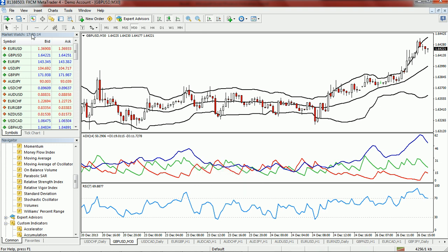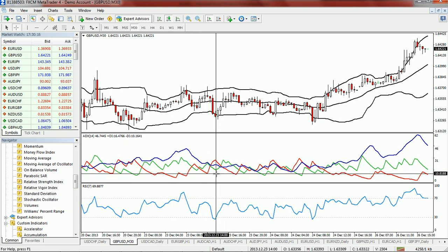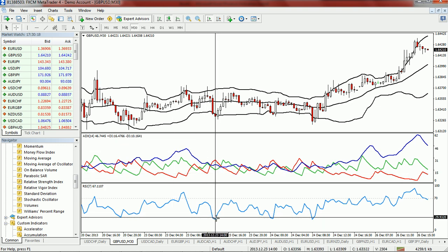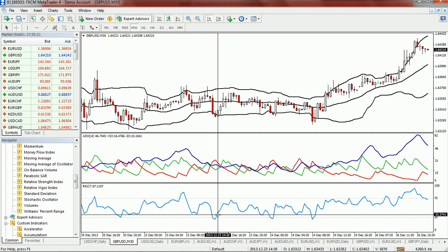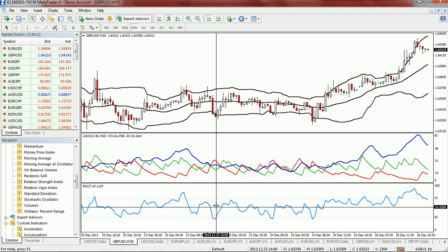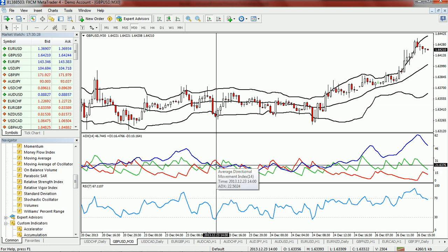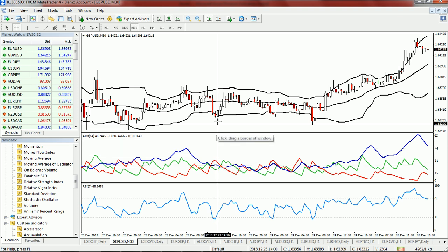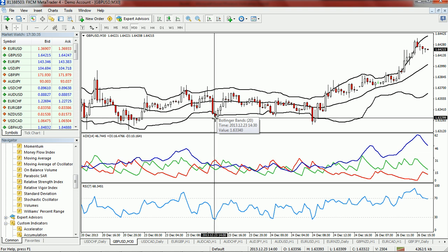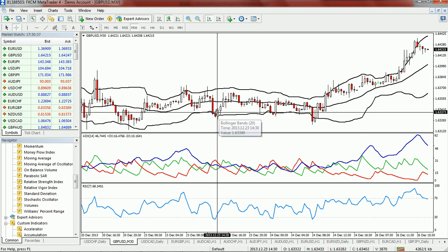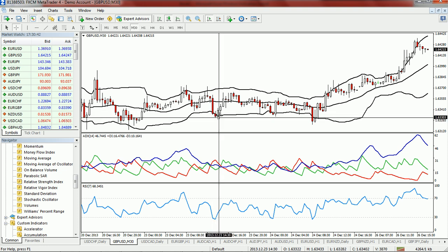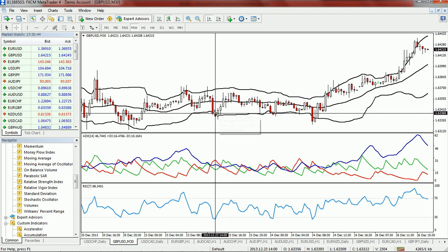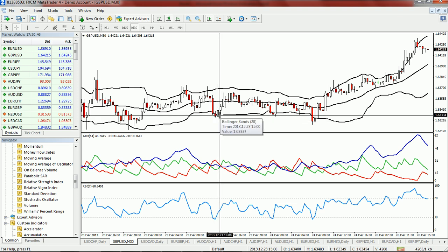If you see this point where the RSI indicator is crossing the 30 level from below, the actual ADX line value is 21, which is below 32, and on the actual chart the candlestick should close below the Bollinger band. So these three entry criteria must be met for a long entry.